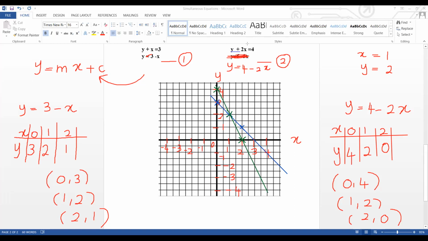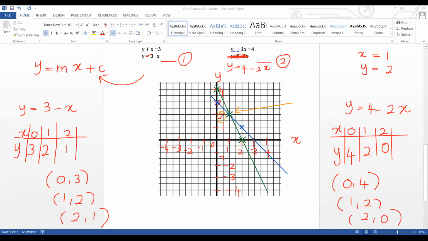Now I will show the intersection point. Now according to this, I will take this orange color. Can you see? This is my intersection point. Okay, I will show it. This is my intersection point, this point. Now we'll find what the values are. Now when you go according to the y side, 2 is the value.